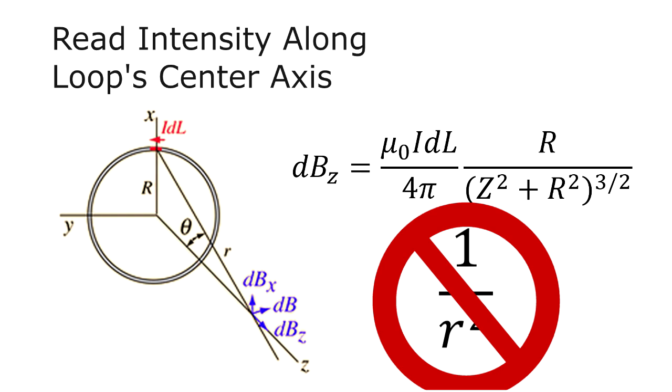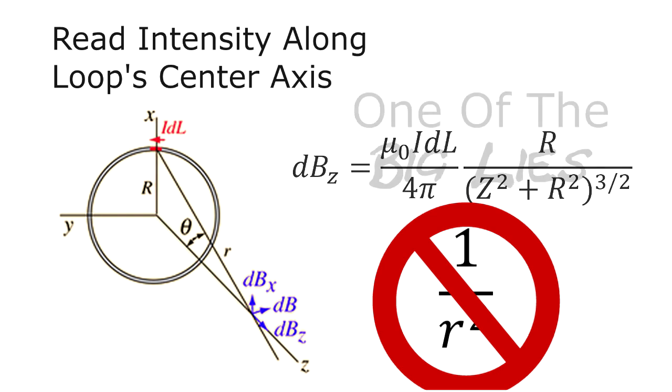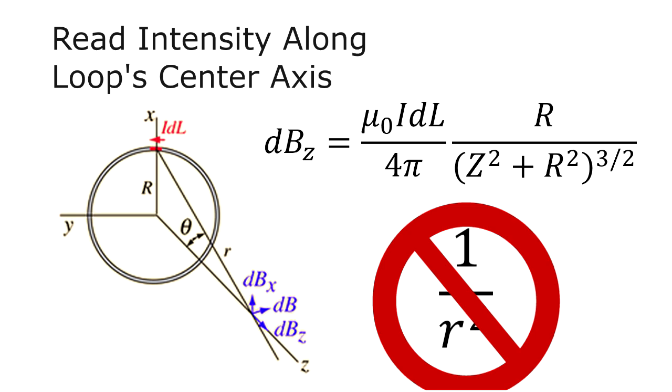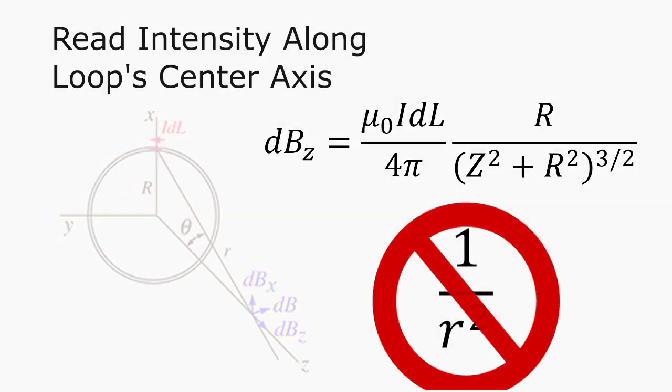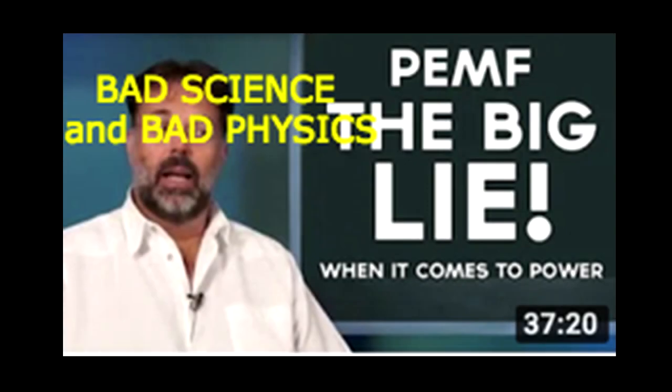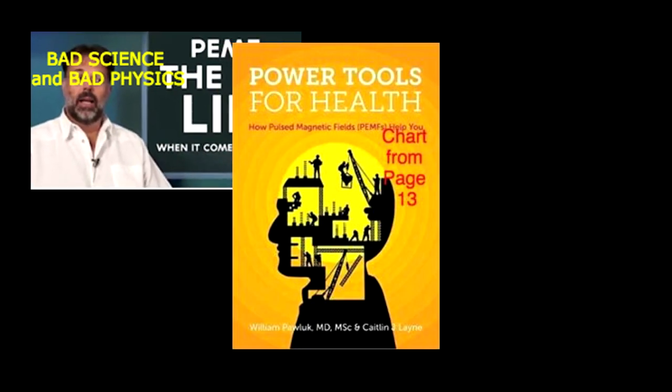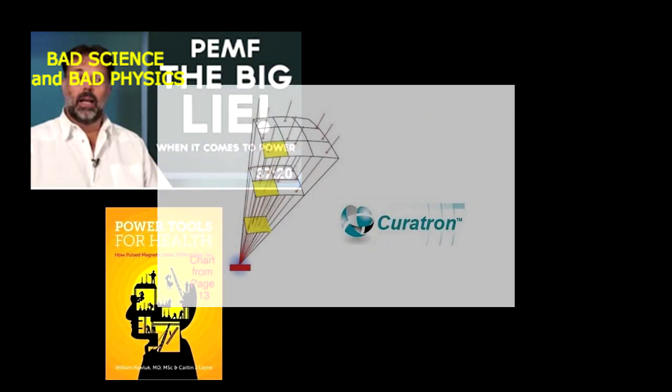This is one of the big lies in the PEMF community. So-called experts use a 1 over r squared relation to justify needing a high-intensity PEMF device. They're actually using the wrong equation altogether. A few examples: Marcus Freudelman, about whom I did a whole video, PEMF, the really big lie; Dr. Pollack, a very well-trusted and respected PEMF expert; and companies like Curatron.